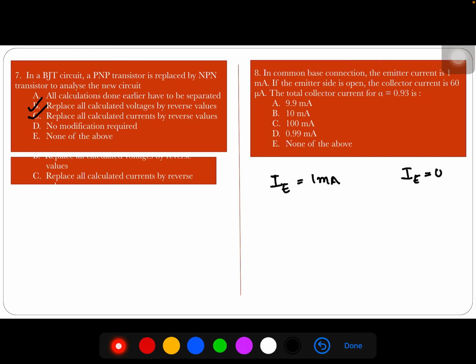In that particular case, the collector current is 60 microampere. The total collector current for alpha 0.93 has been asked to you. Basically, if you understood the question, it is given to you that the configuration is common base.